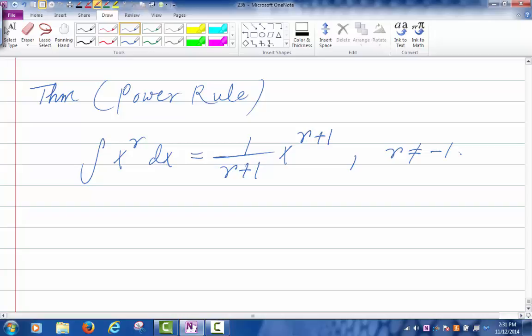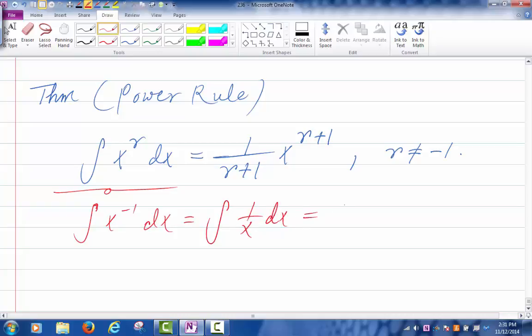Okay? I'm going to tell you what happens when r is negative 1. When r is negative 1, you get this function here, right? Which is the integral of 1 over x dx.